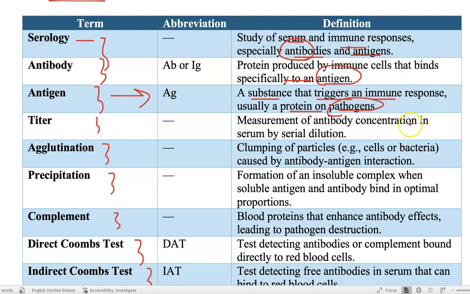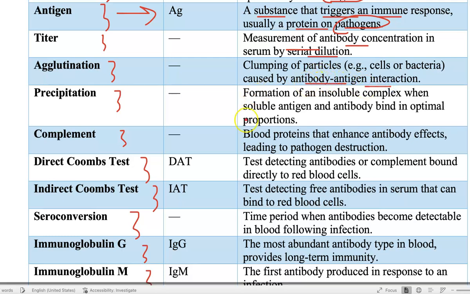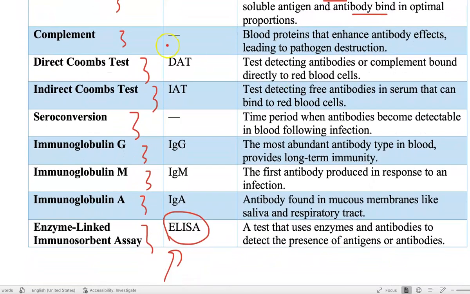Titer, it's a measurement of antibody concentration in serum by serial dilution. Agglutination, clumping of particles, cells, or bacteria caused by what? Antibody-antigen interaction. Precipitation, formation of an insoluble complex when soluble antigen and antibody bind in optimal proportions.